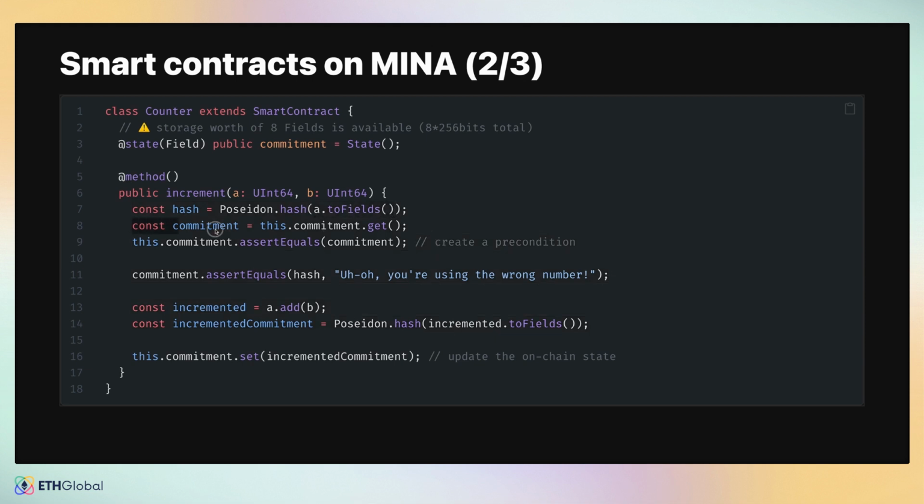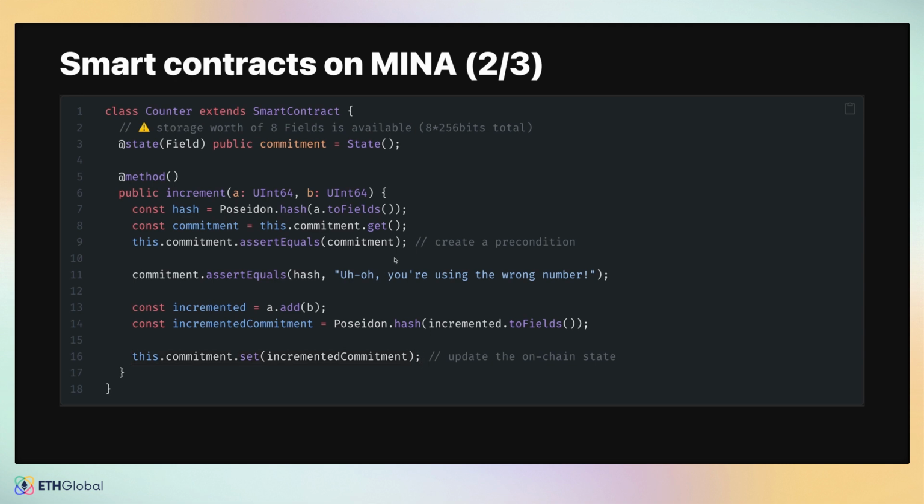Then we fetch the on-chain state and create something called a precondition, which we'll explain later. And then we make sure that the calculated hash matches the on-chain commitment. If it doesn't, we throw an error which prevents the proof from being created. Then we increment the numbers, A plus B, and we create an incremented commitment, and we update the on-chain state with the incremented commitment.